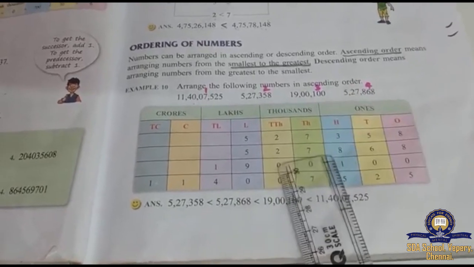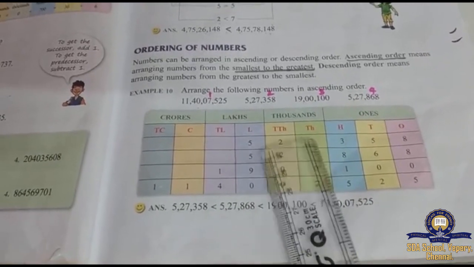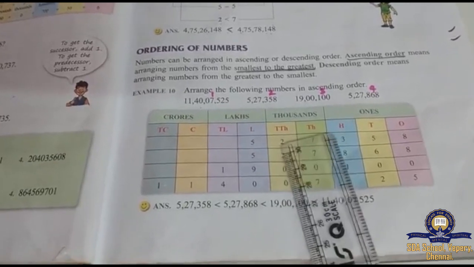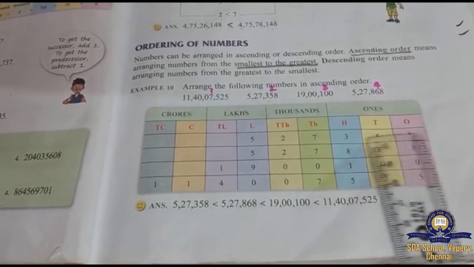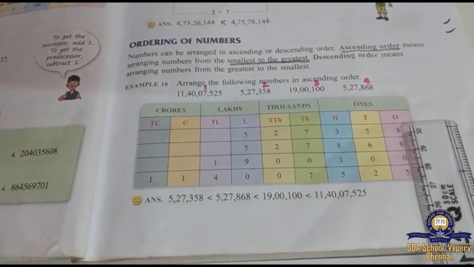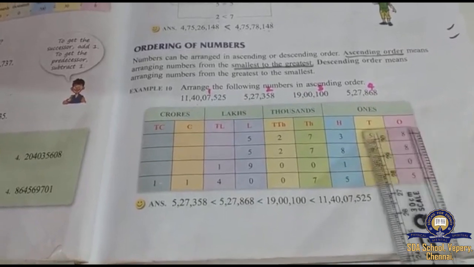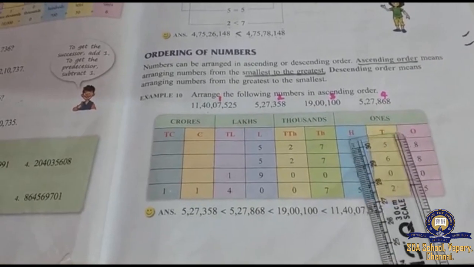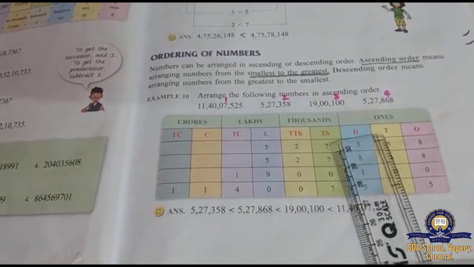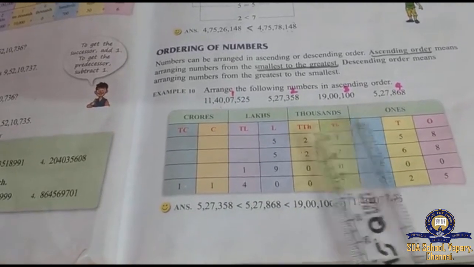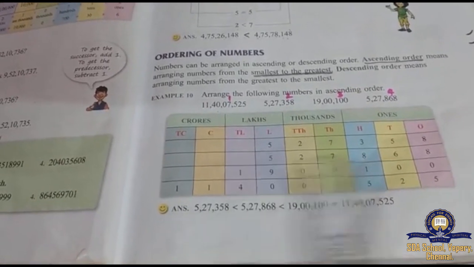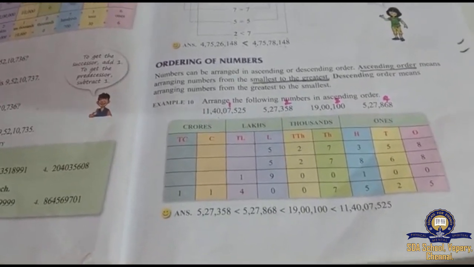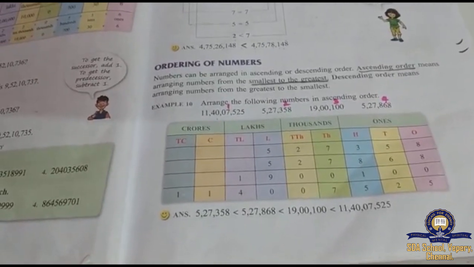That is 5,27,358. See, under ones 8, tens 5, hundreds 3, thousands 7, ten thousands 2, lakhs 5. Got it? Arranged. Now the next one. I have used a clear chart also.